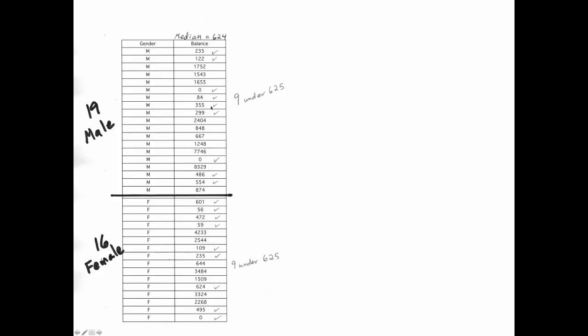And that would look like this. I counted 19 men and 16 women, and I put a check mark if they had a balance less than 625. I counted 9 of the men were under 625 and 9 of the women were under 625.